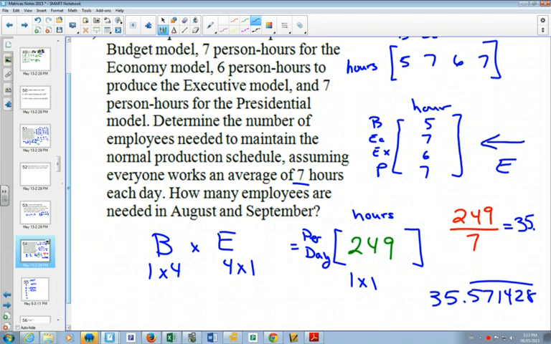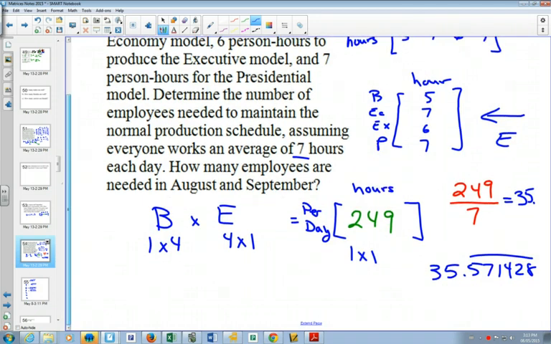And then if you wanted to do the same thing for August and September, then it's going to be not B, but what letter did we use for August and September? Was August, September our C matrix or our D matrix? D. Perfect. D times E, and we could figure that out. Or you could just take our new matrix, which we could call F, and multiply it by 40%.